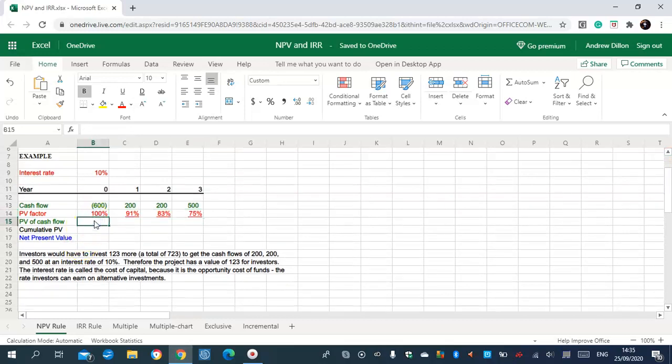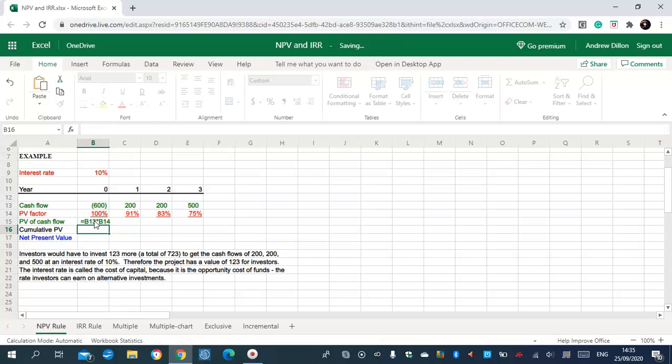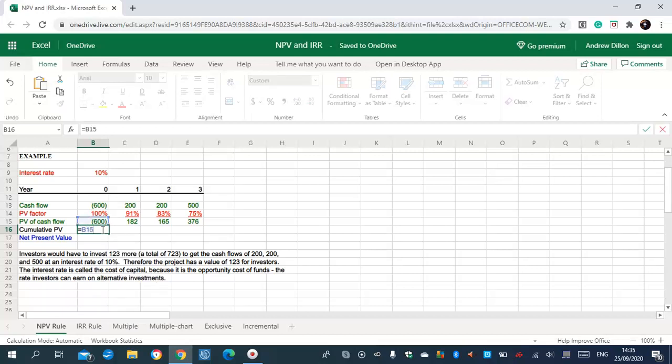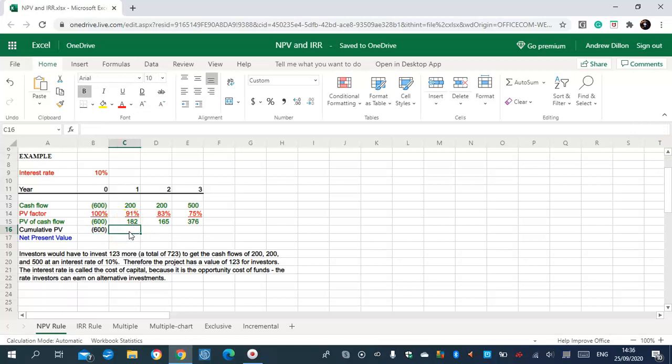Okay, next I need to calculate the present value of cash flow: cash flow multiplied by present value factor. Two, 165, and 376. So the cumulative present value is going to be the next step. It's B15, PV cash flow. The next one is going to require a sum table.